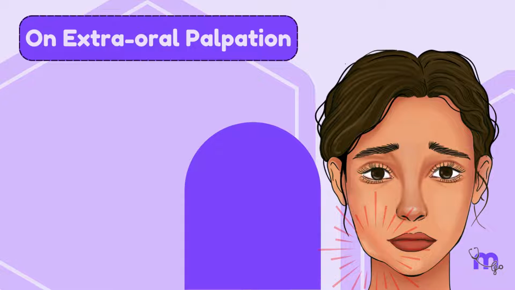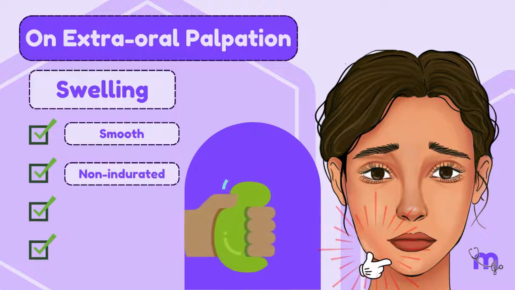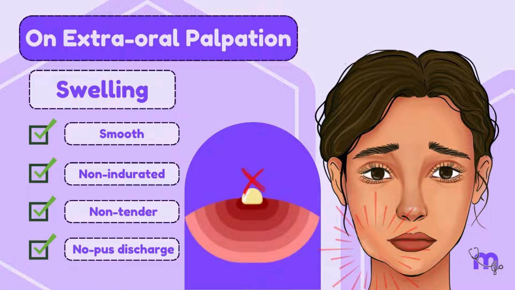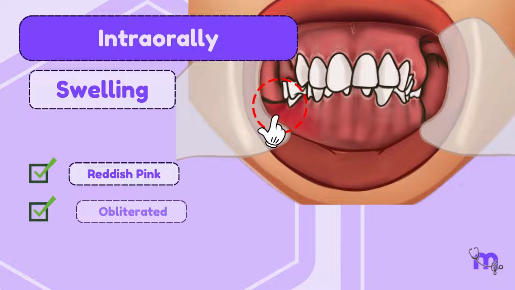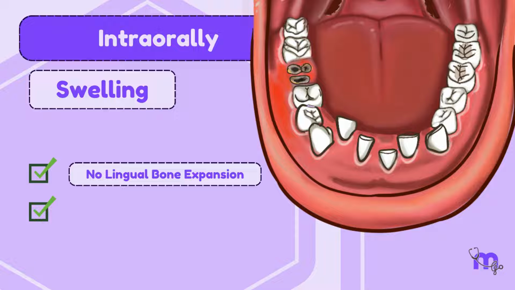On extraoral palpation, the swelling was soft, smooth, non-indurated, and non-tender with no pus discharge. Intraorally, the swelling was reddish pink and obliterated the vestibule on the right mandibular posterior region in relation to the 4-5, 4-6, and 4-7 regions, with no lingual bone expansion.